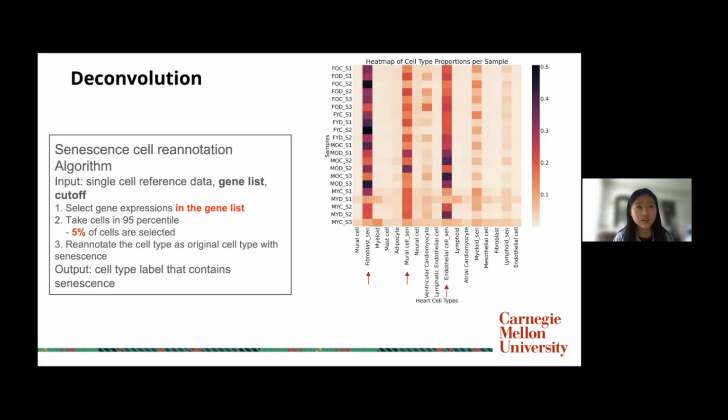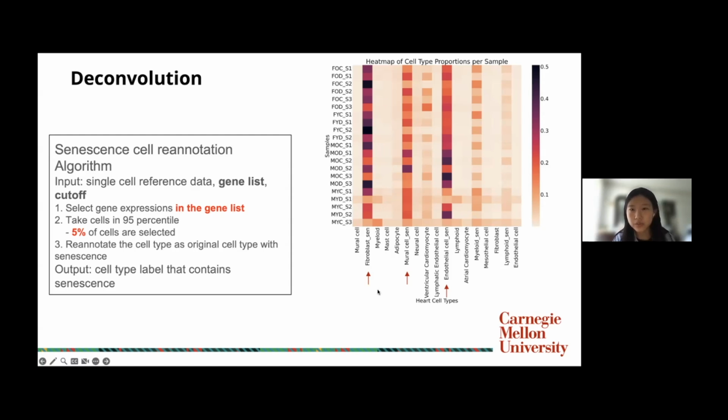We next did deconvolution using senescent cell reannotation, which takes our single-cell reference data and our gene list, selects the top 5% of cells in that gene list, and reannotates that cell type as the original cell type with senescence.